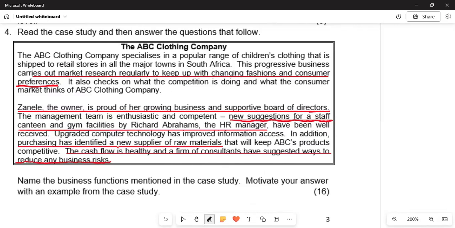Here we are told the ABC Clothing Company specializes in a popular range of children's clothing that is shipped to retail stores in all major towns in South Africa.